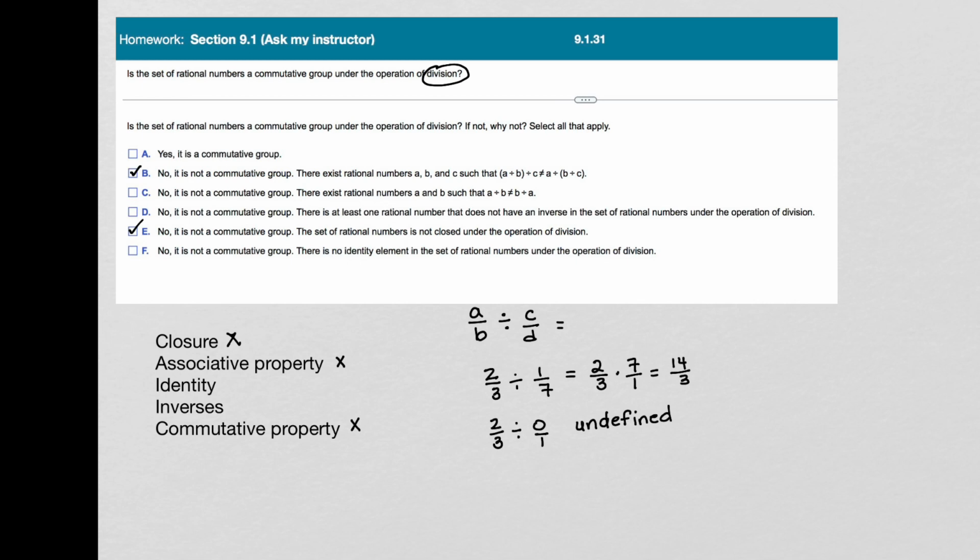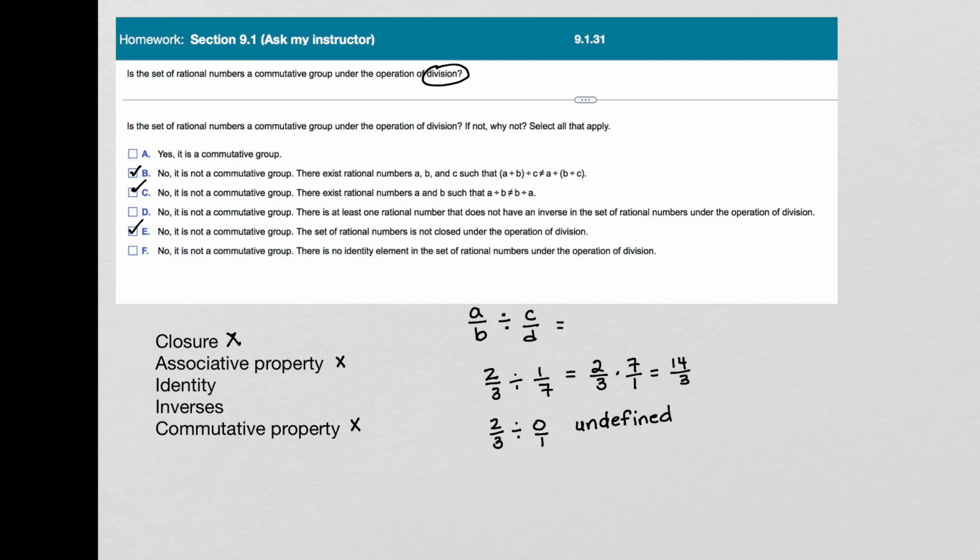That's not going to work. We can't change the grouping when we're working with division. And it is not a commutative group because it's not commutative. That's choice letter C. And that is a division sign in there. It looks kind of like a plus. It's very tiny.